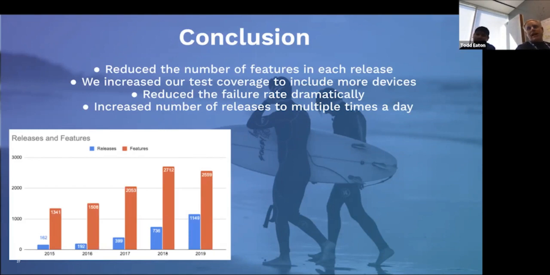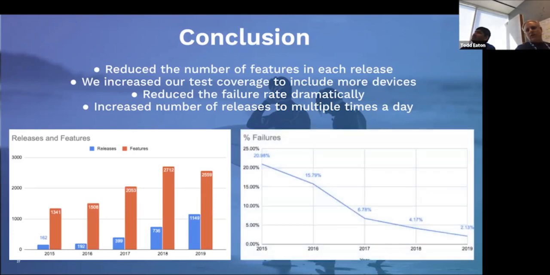We are around the 2.5 mark, 2-point-something, and we hit our goal of reducing the number of features in each release so we don't have that contention and those things that could cause problems in other areas. And what that did for us is it dramatically changed our failure rate.